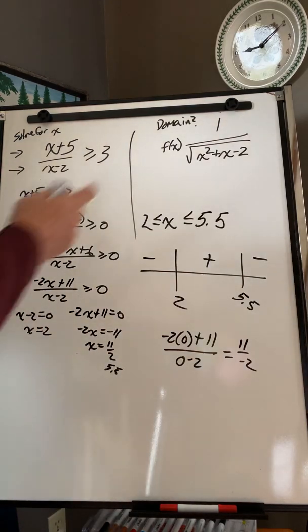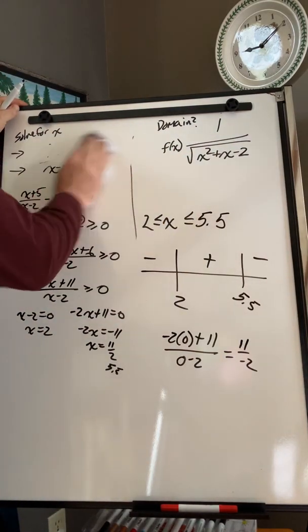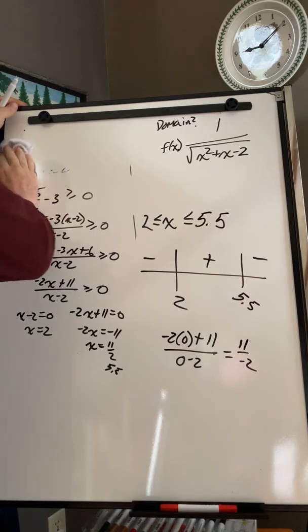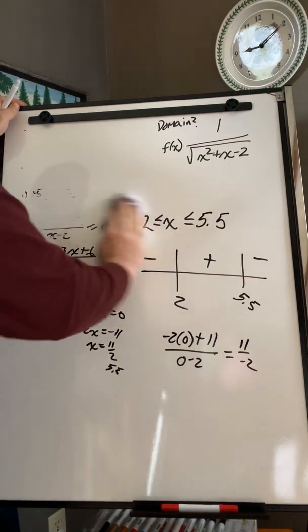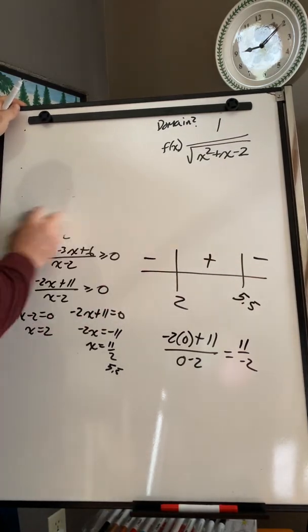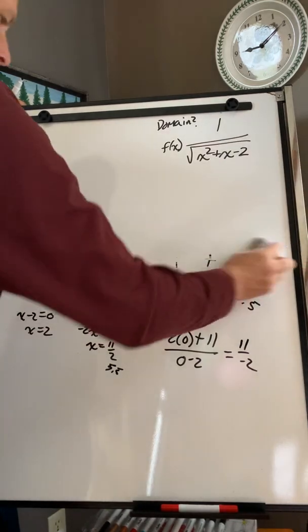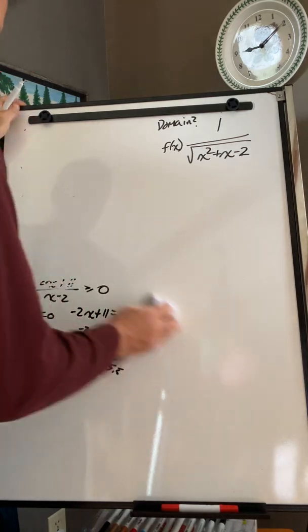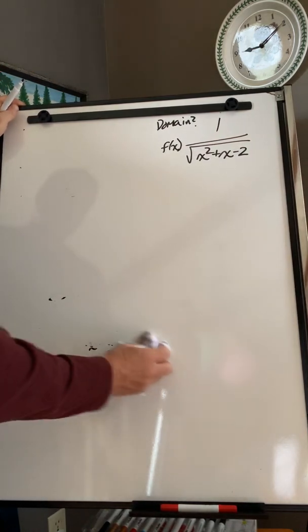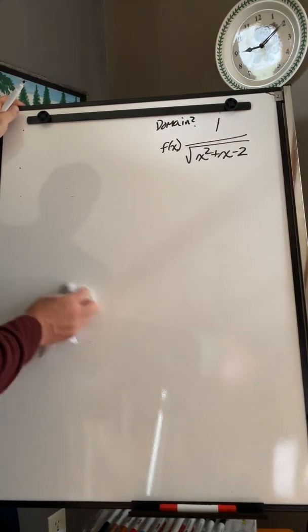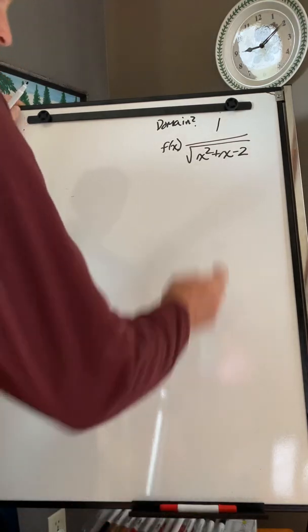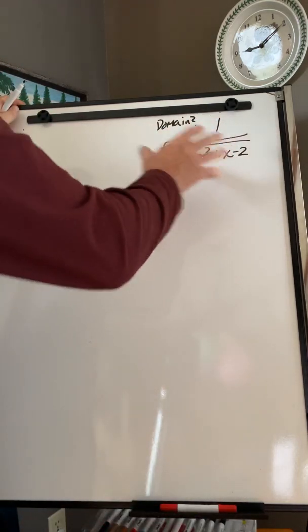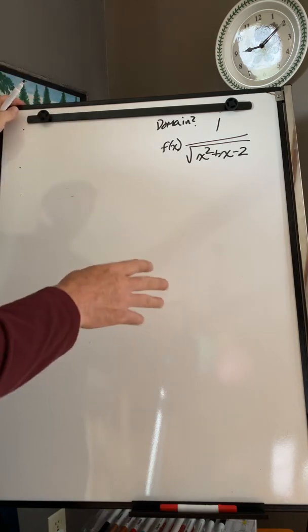Question 6 looks something similar to this. Same idea, we've got to worry about our critical values. In this particular question, we want our situations where it can't be undefined or cross the x-axis. Because it's 1 over, everything to do with the denominator can't be 0.